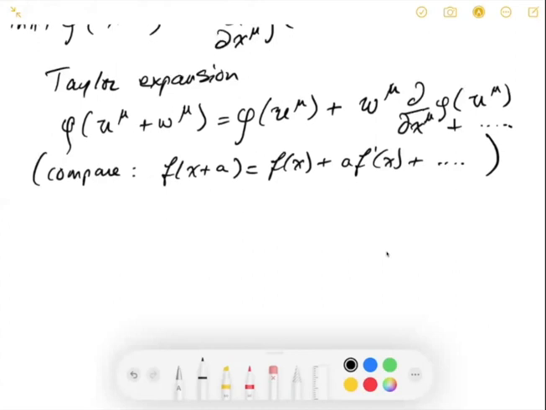Now, a scalar potential, or some kind of scalar field, is just a way of labeling points in space. And the labels that we're getting should be independent of the coordinate system that we pick, right?